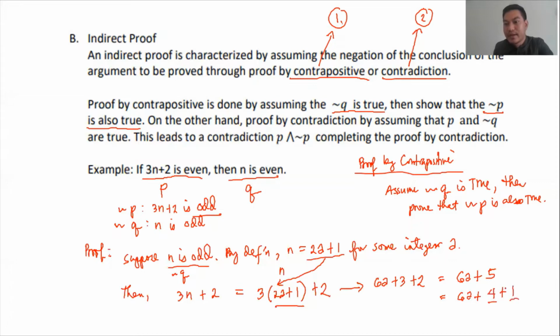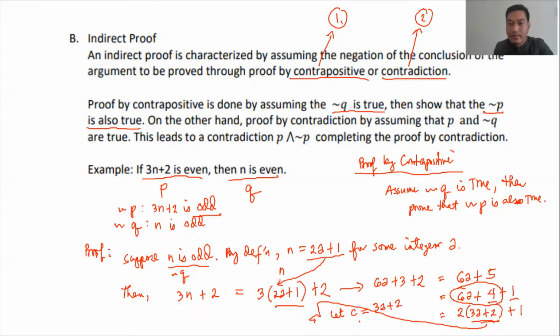We cut the 5, and if we factor out 2, what's left is 2 times (3a plus 2), plus 1. We'll let this be another number: let c be equal to 3a plus 2. Therefore, we have this as 2c plus 1.